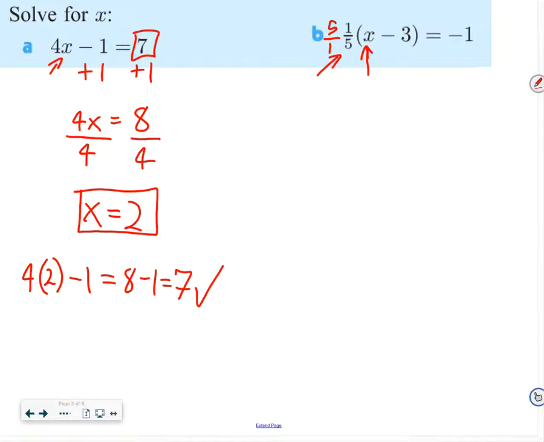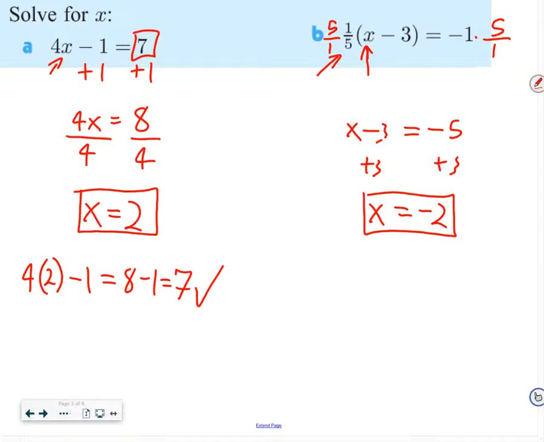If I do that here, I have to do it on the right side. Those will cancel out, and I'm left with x minus 3 on this side, and negative 1 times 5 is negative 5. At this time, I'm going to add 3 to both sides, and I get x is equal to negative 2.